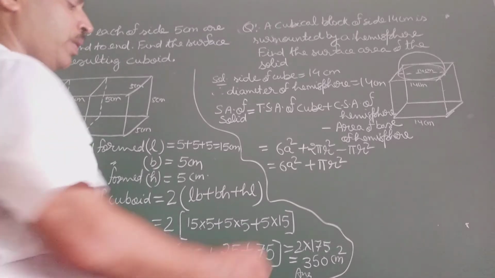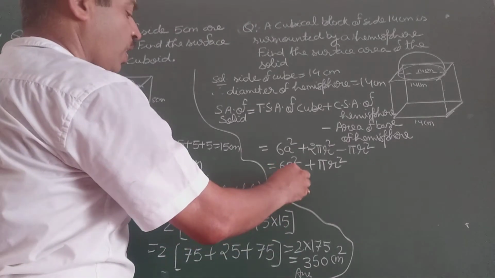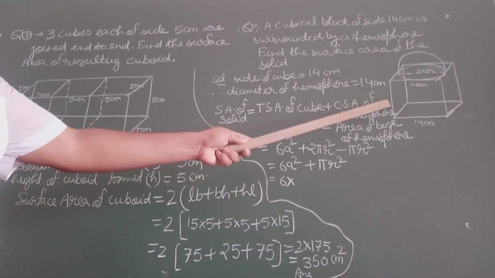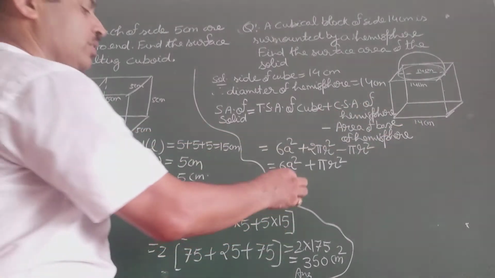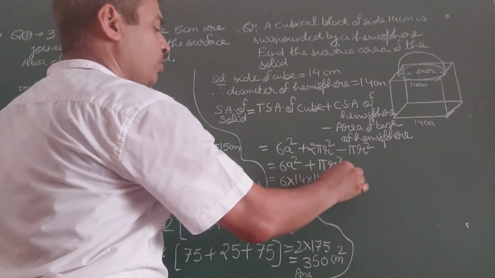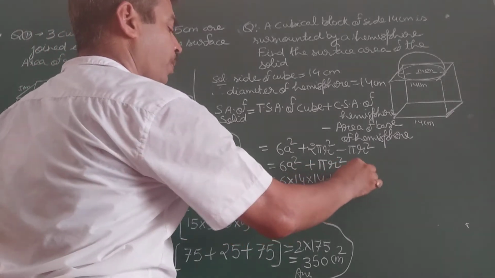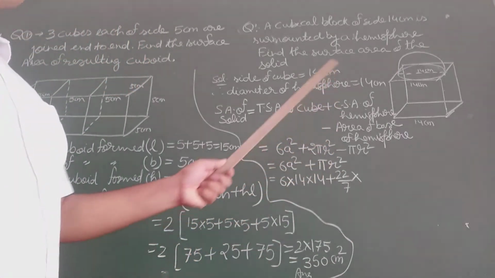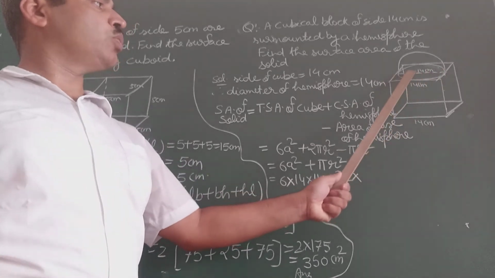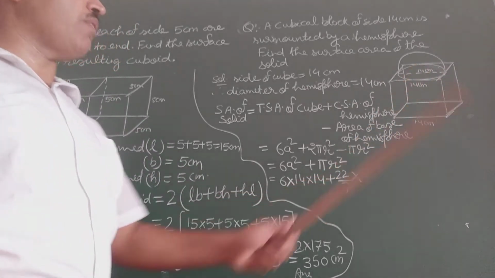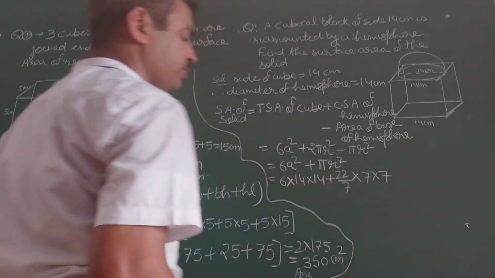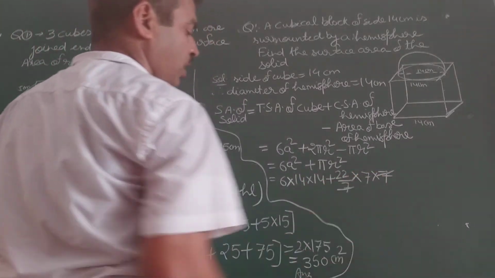Correct? Let us put the values. 6, side of cube 14 centimeter, so we can write 14 two times. Pi value 22/7. Radius of hemisphere: the diameter of hemisphere is 14, so radius will be half, 7. So 7 into 7, 7 cancel.